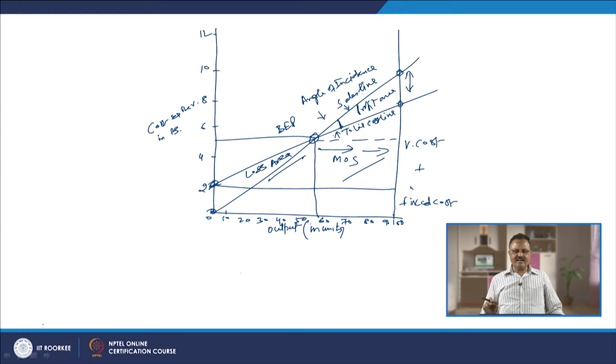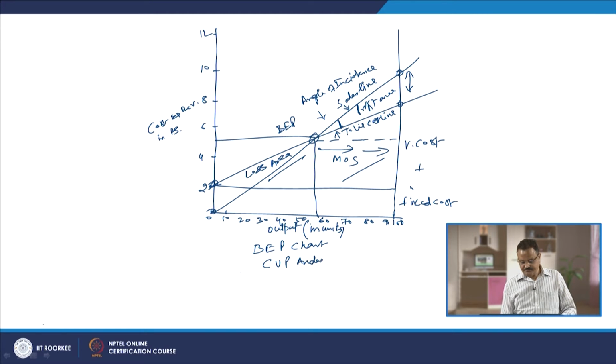So after reaching the sales level called the break-even point, if the gap between the cost and the selling price is very high, the likelihood of earning profit is very high. So this is the total chart, which is called the break-even point chart, or cost volume profit analysis chart.